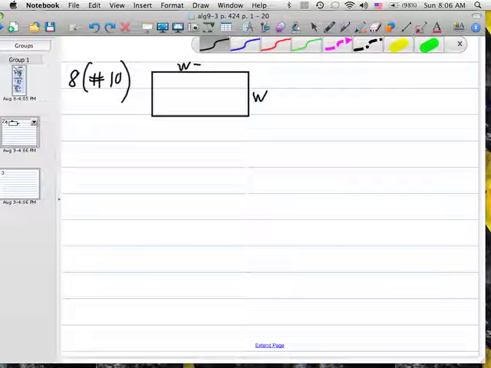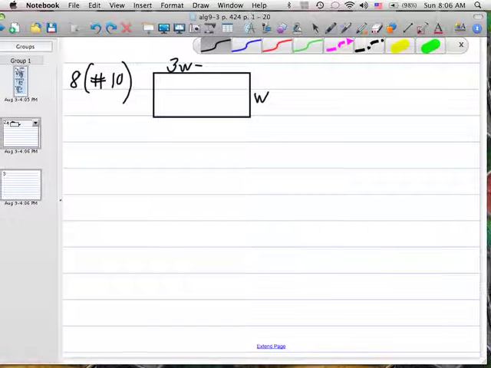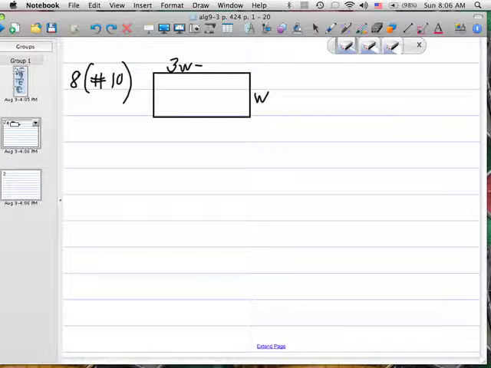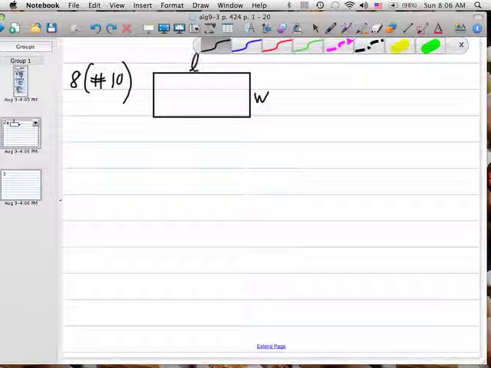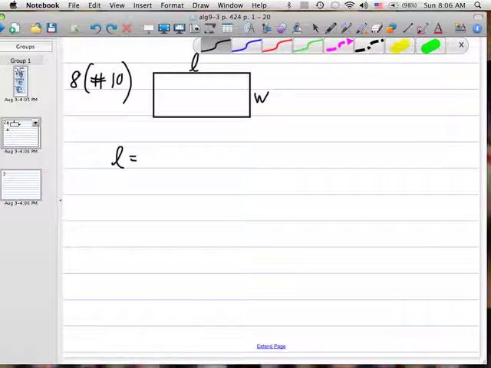We have to use different variables, and this is L. So length equals 3W minus 5.